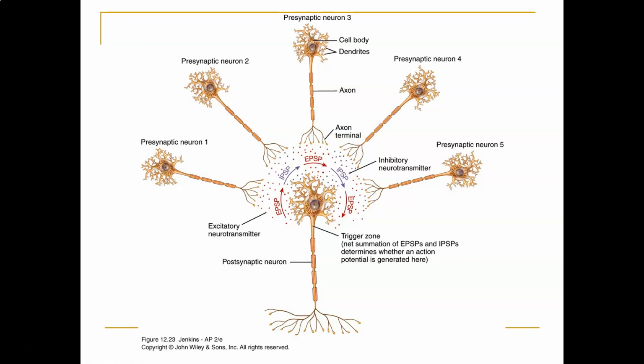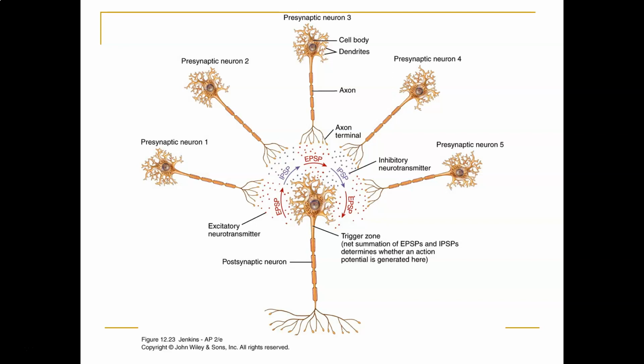So just like at the neuromuscular junction, you send an action potential down the presynaptic neuron, some kind of neurotransmitter gets released, it diffuses across the synaptic cleft, this white space, binds to receptors on the neuron dendrite on the other side, and then whether that gives you an EPSP or an IPSP depends on what kind of ion gates are there.